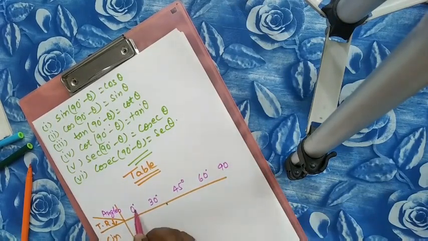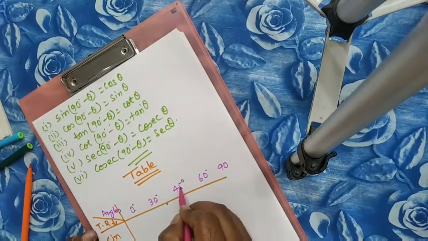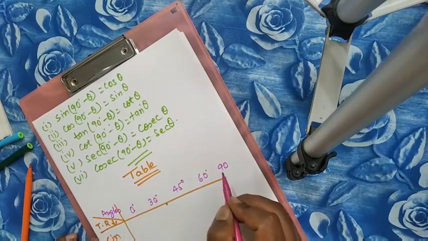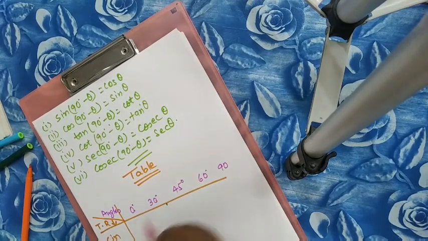Sin 0 degree, cos 0 degree, tan 0 degree, like that only sin 30, sin 45, sin 60, sin 90, like that only cos 0, cos 30, cos 45, cos 60 and cos 90, like that only tan 0, tan 30, tan 45, 60, 90.